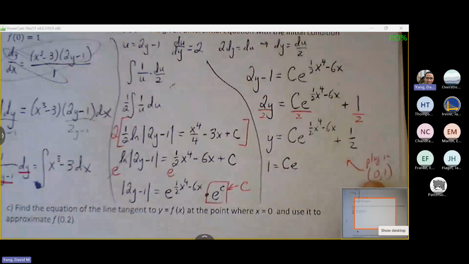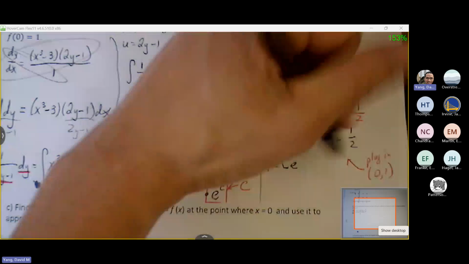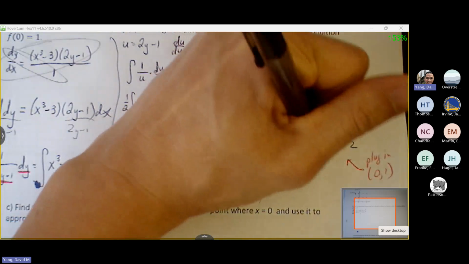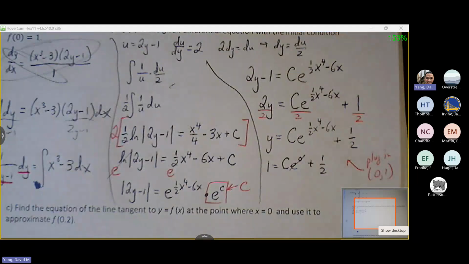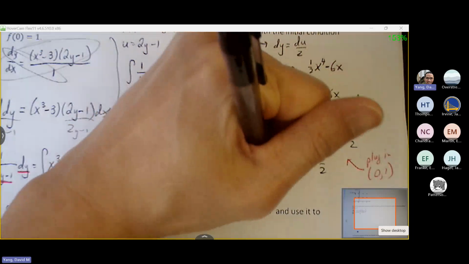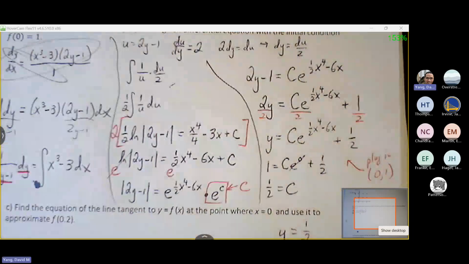Now, the nice thing about the 0 is it's going to wipe out my exponent, which will make things easier for me to evaluate. 0 minus 0 is 0. e to the 0 is not 0, right? e to the 0 is 1, but it still helps me out. e to the 0 can go away. That's just 1. So if I do 1 minus 1/2, I get 1/2. So c equals 1/2. And then bring that 1/2 back into your general equation.